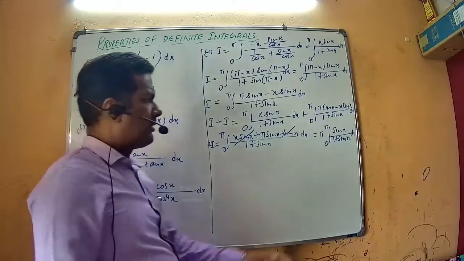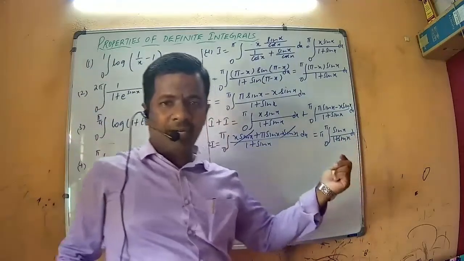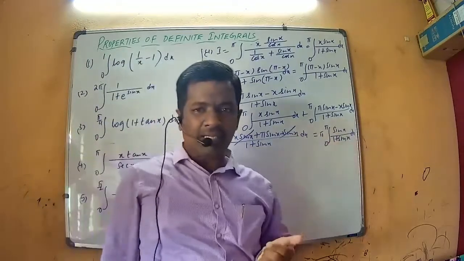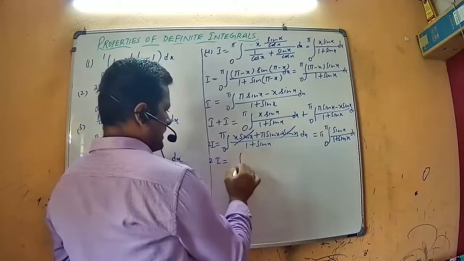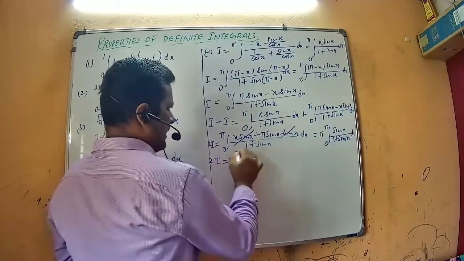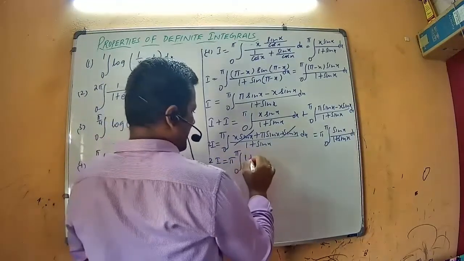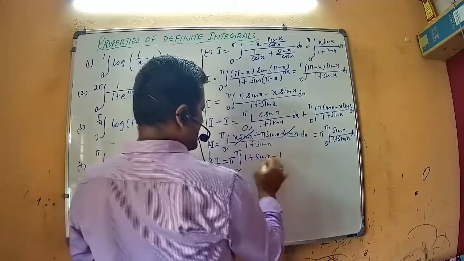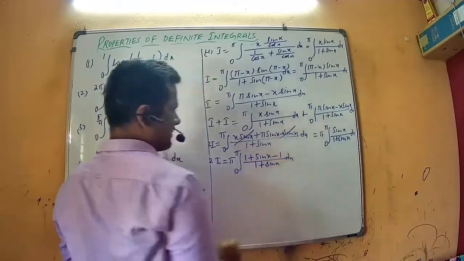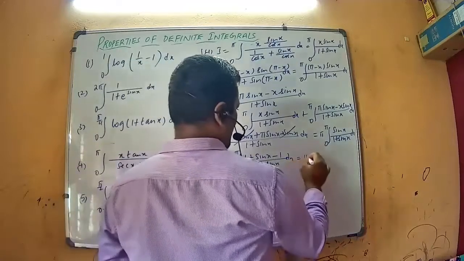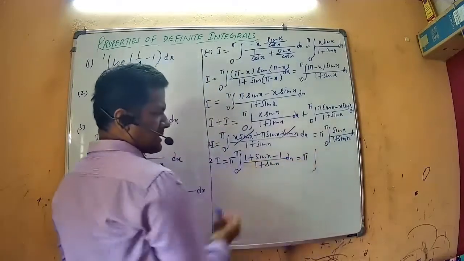Fine. Now as the denominator is 1 plus sine x, in order to evaluate this integral from 0 to pi, I am trying to add 1 and subtract 1. So 1 plus sine x minus 1 by 1 plus sine x dx. So this is pi into this by this is 1.